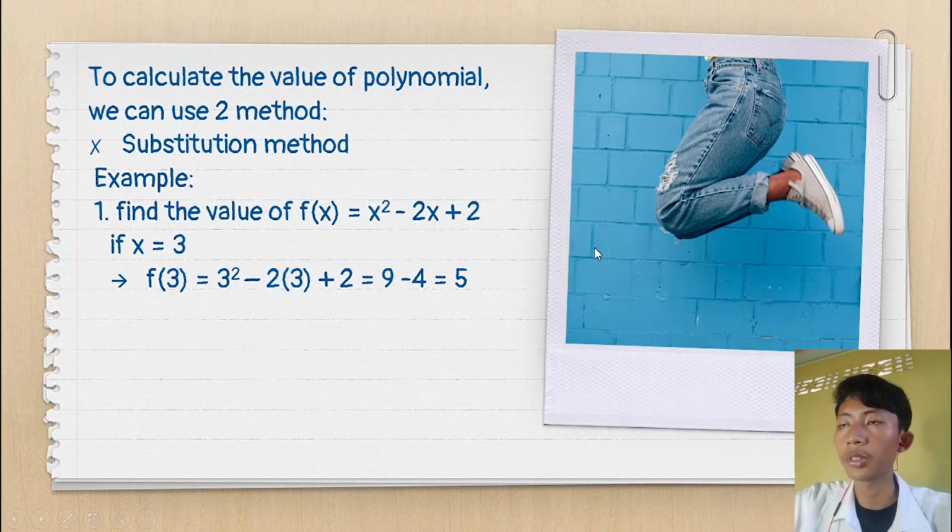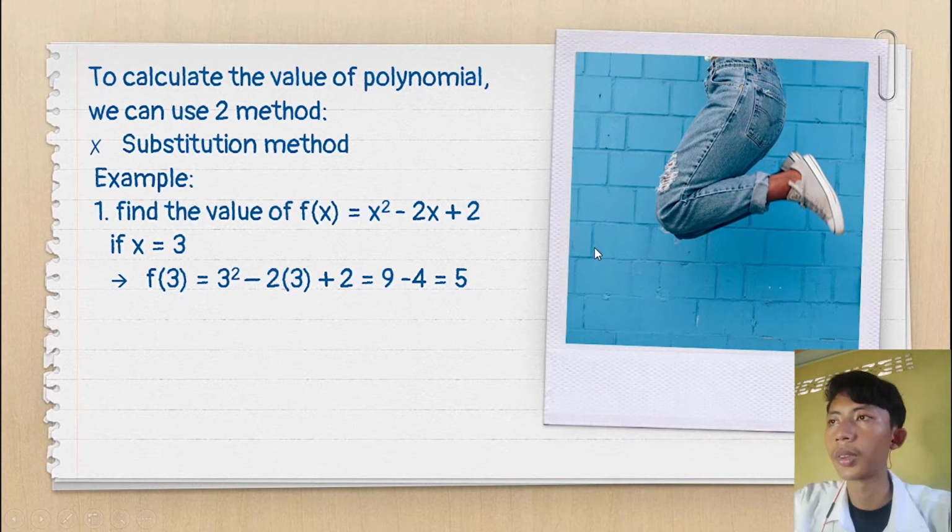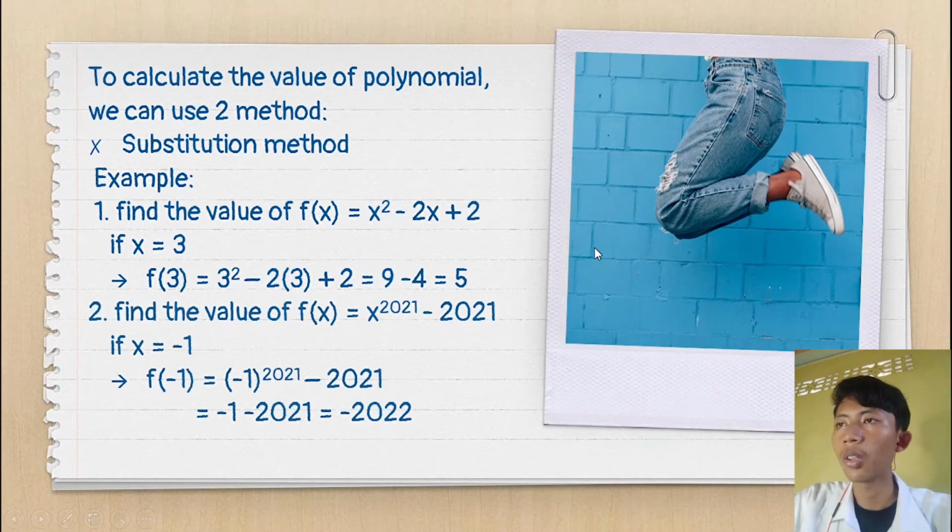Answer: f(3) equals 3 squared minus 2 multiplied by 3 plus 2 equals 9 minus 4, and we get the result 5. Example 2. Find the value of f(x) equals x to the power of 2021 minus 2021 if x equals minus 1.